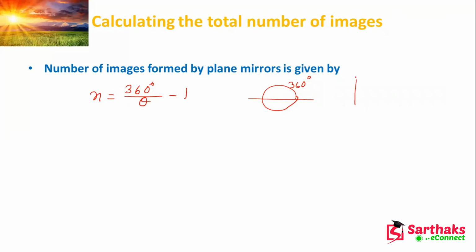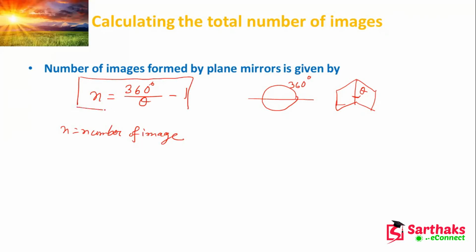Suppose this is one mirror and this is another mirror, and this angle is theta. So n, the number of images, equals 360 degrees divided by theta, minus 1. This is the total number of images.